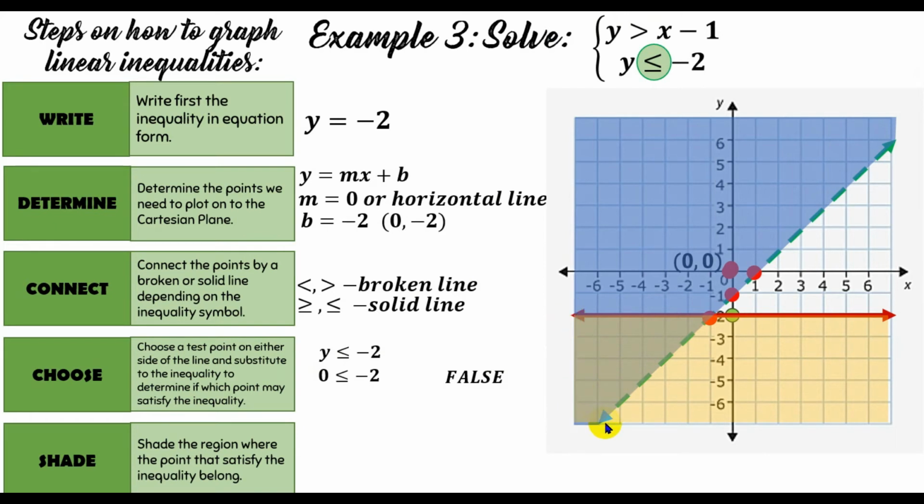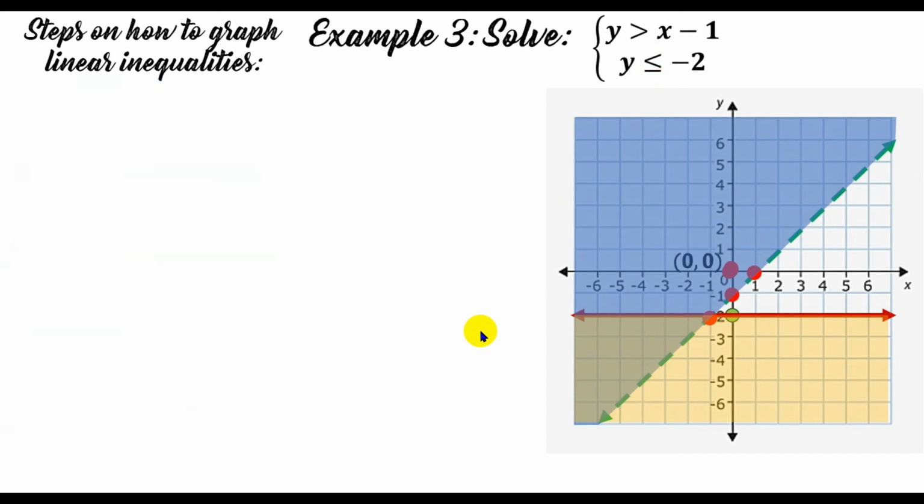And ang double shaded region natin ay ito lang pong part na ito. And remember na ito po ay solid line. Lahat ng point na dinaanan ng solid line na to ay solution to our system of linear inequality. So, let's have some points from the double shaded region to check if we have the correct graph for this system. So, first point is negative 3, negative 3. So, we have to substitute that on our first linear inequality.